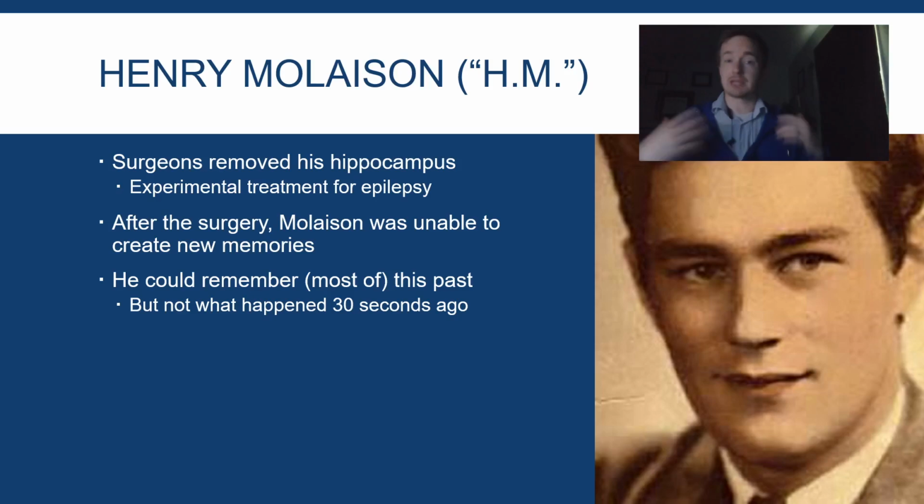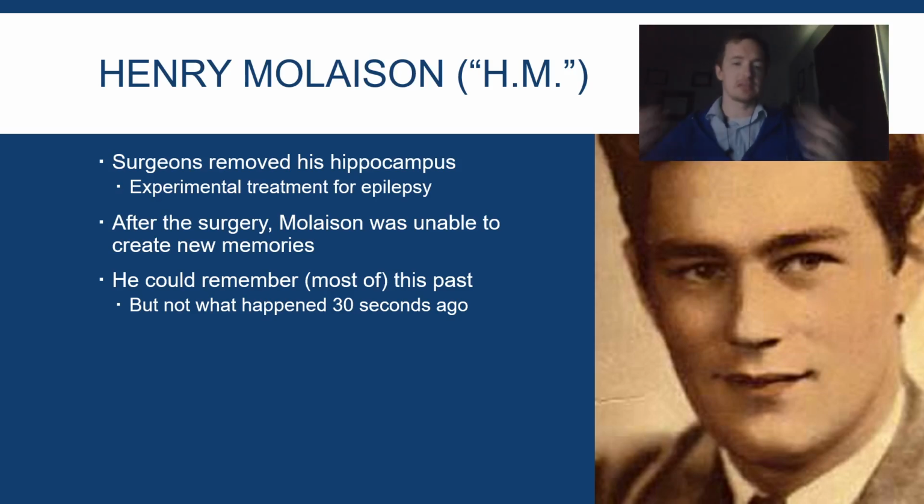That essentially what that must mean is that something about memory is created by the hippocampus, because once you remove it, then it's gone, right? Then your memory's gone. And so through several decades, HM lived in an assisted living facility, where he worked with nurses and needed help to live because he couldn't remember anything.